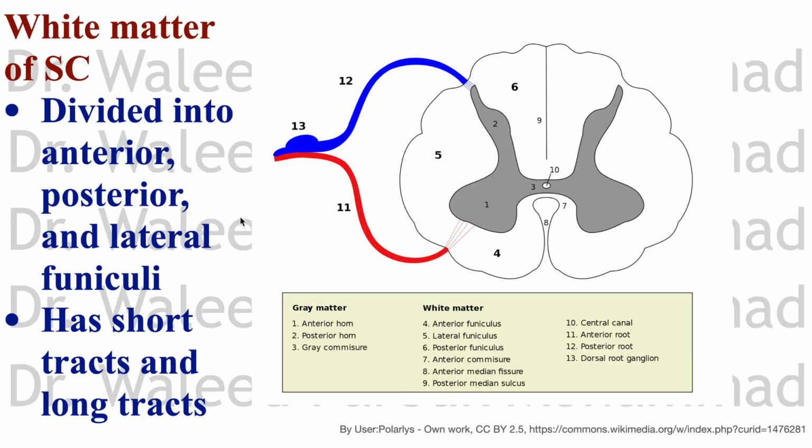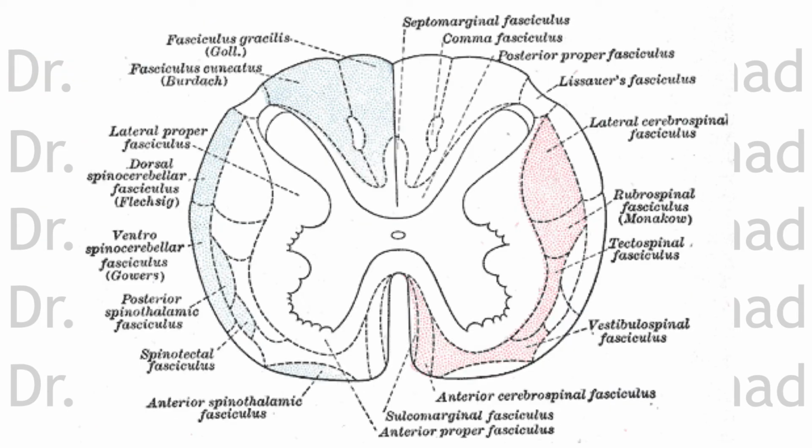The white matter of the spinal cord is divided into anterior funiculus, lateral funiculus, and posterior funiculus. Funiculus means big fascicle. It's a collection of nerve fibers and tracts, long tracts. We have a series of short tracts and a series of long tracts.